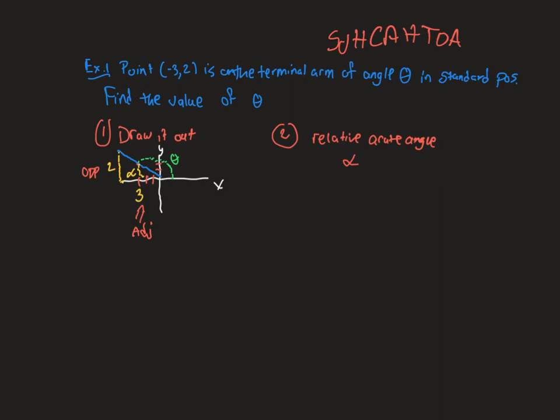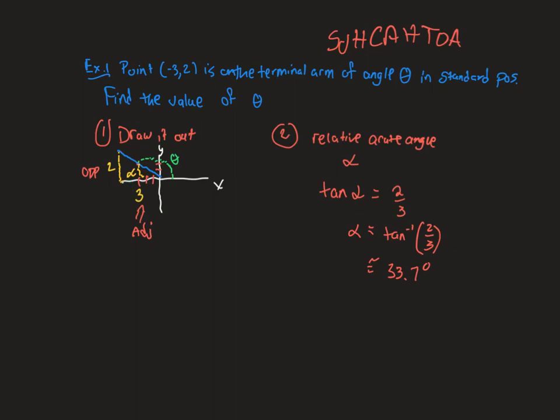So that means I can say tan of my acute angle is equal to opposite over adjacent, so 2 over 3. If I want to find out what the angle is, you have to do tan inverse 2 over 3, which will give me about 33.7 degrees. So that is what this angle should be.